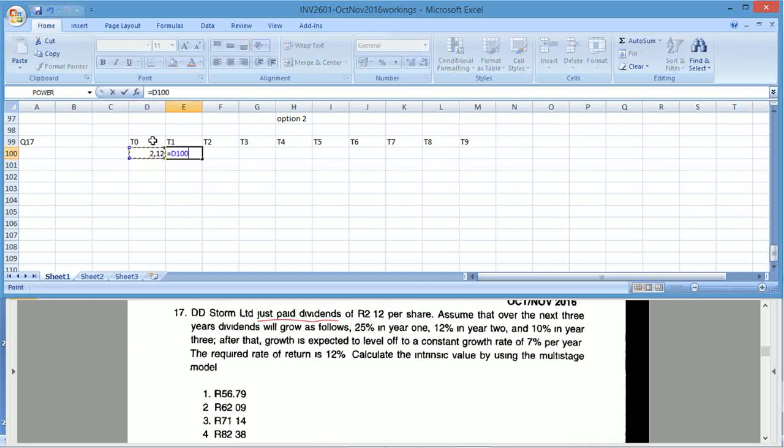This dividend will grow at 25%, so times 1.25, then 12% in year 2, so times 1.12, and then 10%, times 1.10. Then they say expected growth level constant at 7%, so this times 1.07, and that dividend is going to grow forever.